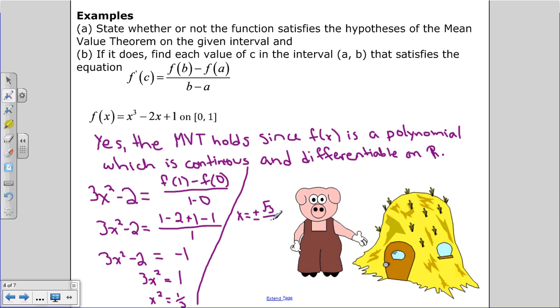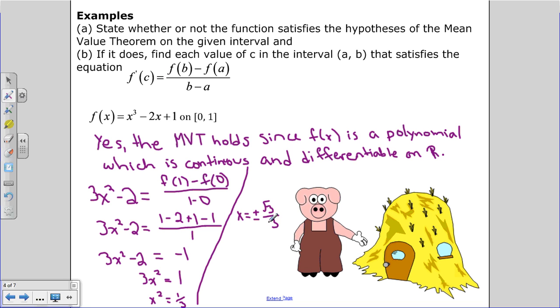Okay, so it looks like there's two different places where the slope of the line tangent to this function is the same as the slope of the secant line, right? So the slope of the secant line is the right-hand side of the equation, which is -1. If I was to graph this function, and I had a point at 0 and a point at 1, then the slope of the line that passes through those 2 points would be -1.